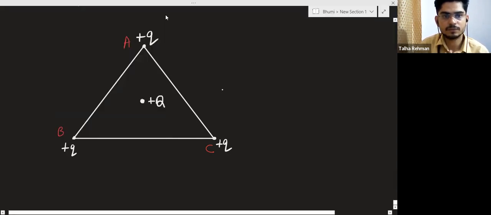Because this is positive charge and positive will repel, the direction will be like this. So I can write this as the force on charge at O due to A.